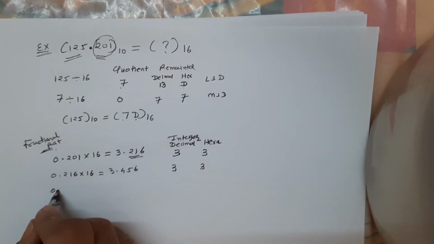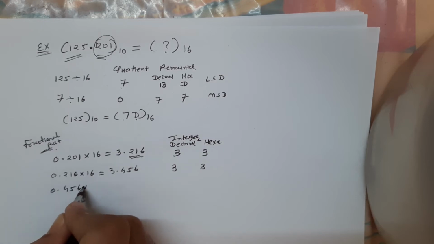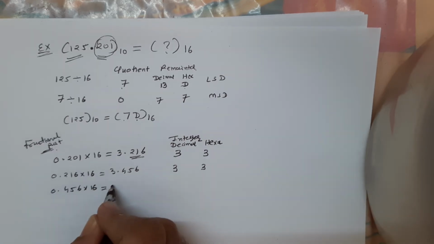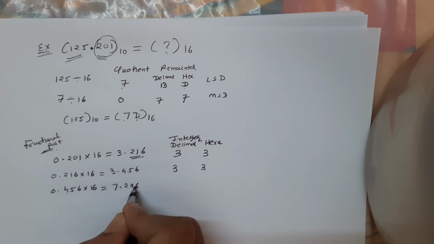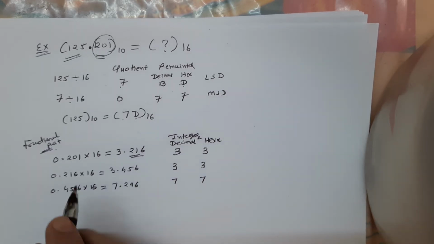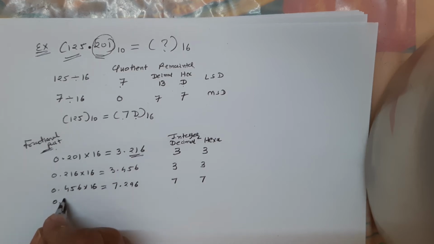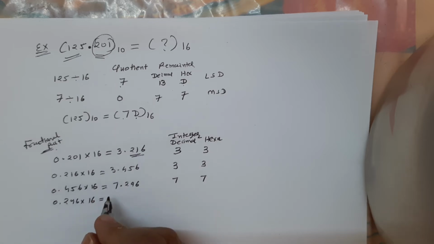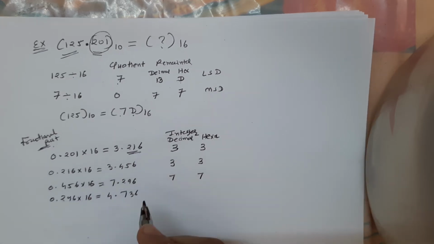This 0.456 into 16 is equal to 7.296. The 7 and 7. This 0.296 multiplied by 16 is equal to 4.736.